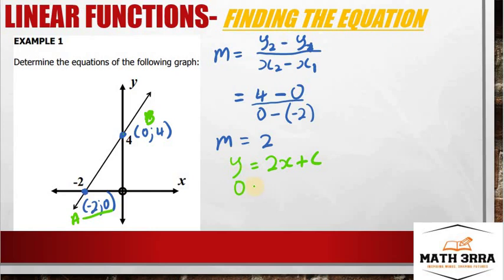So in the place of y, I'm going to substitute 0. 2 is still a 2, and then x is what? Negative 2 in this point. So I'm just going to substitute negative 2 plus c. Negative 2 times negative 2 is going to give us a negative 4. So I'm going to transpose the negative 4 to the other side of the equal sign, which is then equal to c.